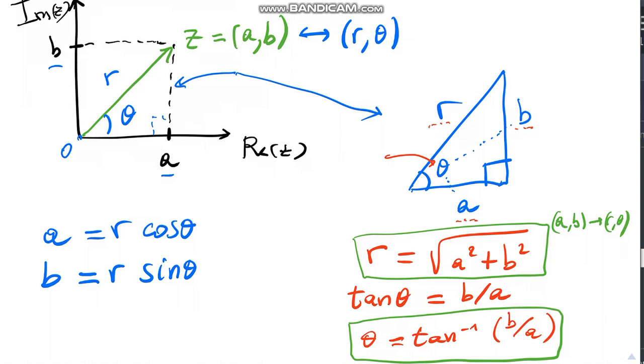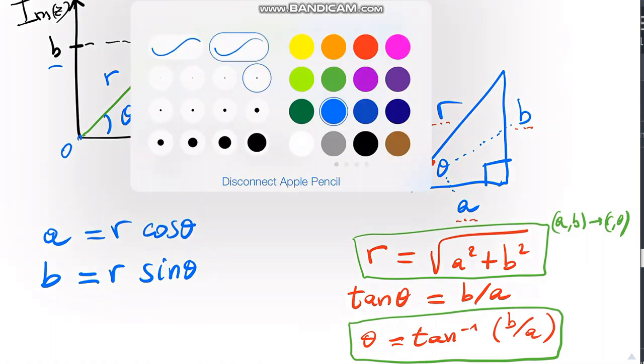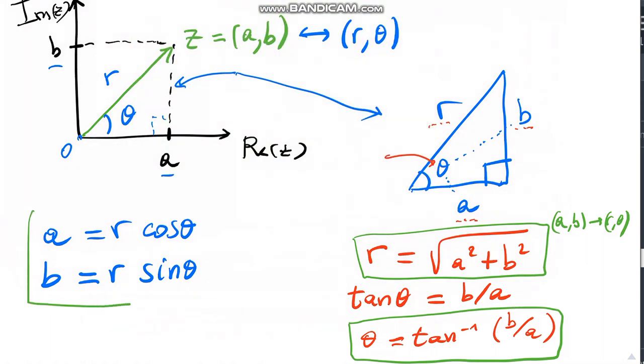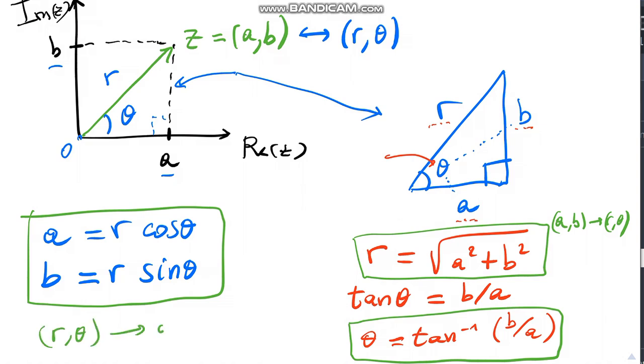And therefore, here we found relations that connect r, theta and a and b in such a way that we can easily move from r, theta to a, b. So it's not necessary to remember Euler's formula and substitute in and recognize what theta is. These are two, actually four, quick formulas that you can remember straight away.